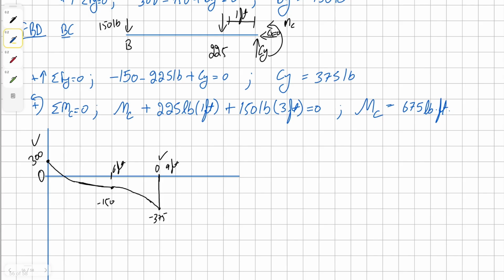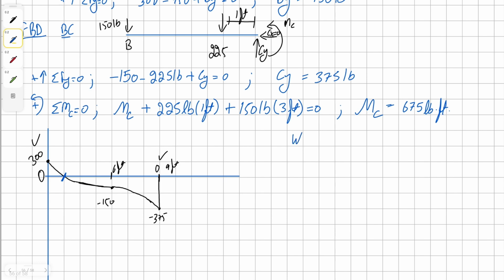Now we can find our function for shear, because we want to find out where this intersection is. This is where we're going to have the maximum moment. And while we are doing the equation for shear, we're also going to find the moment right away.